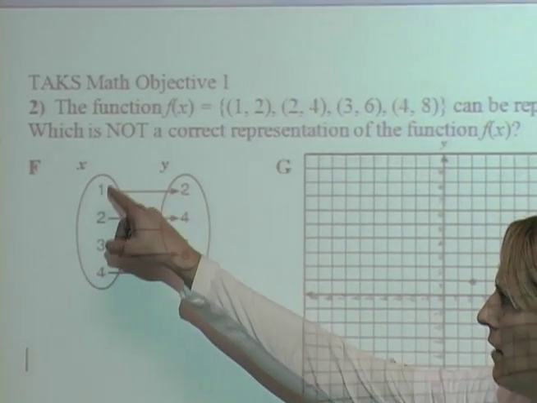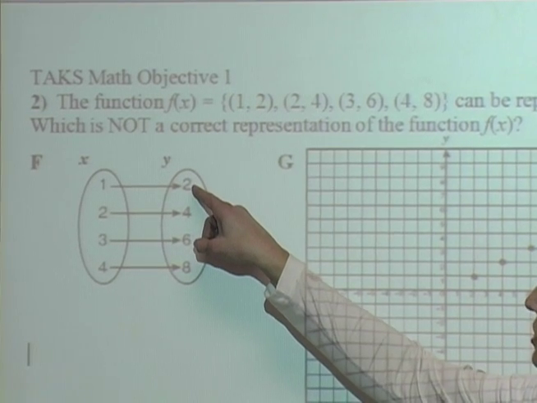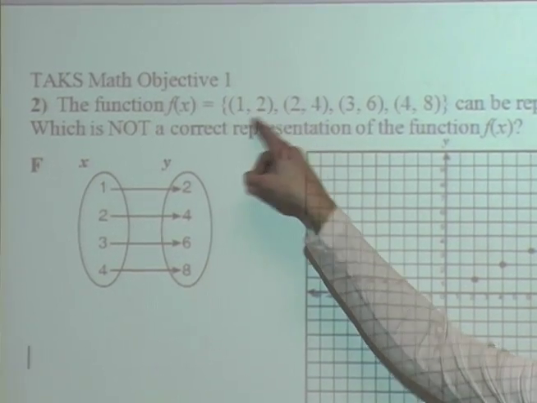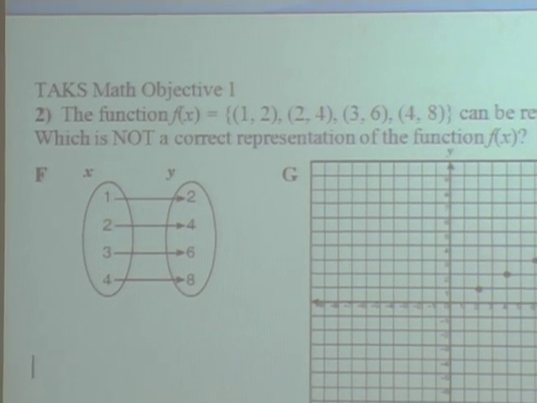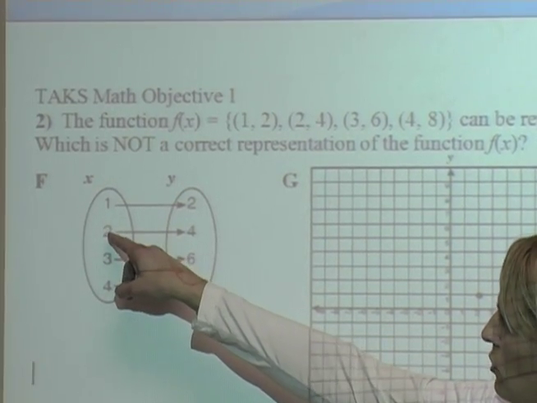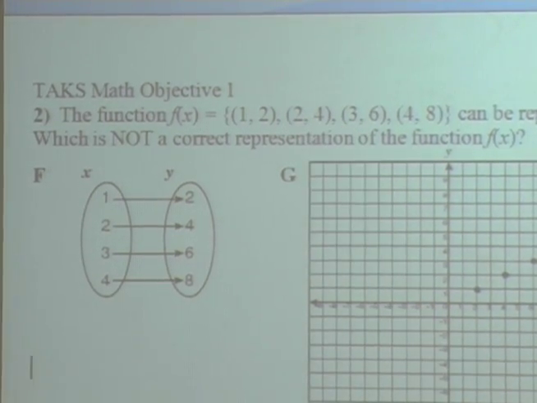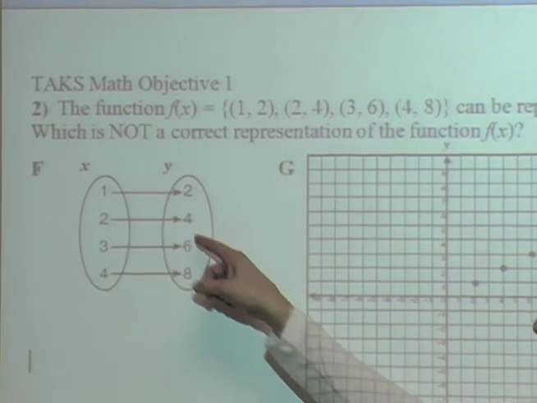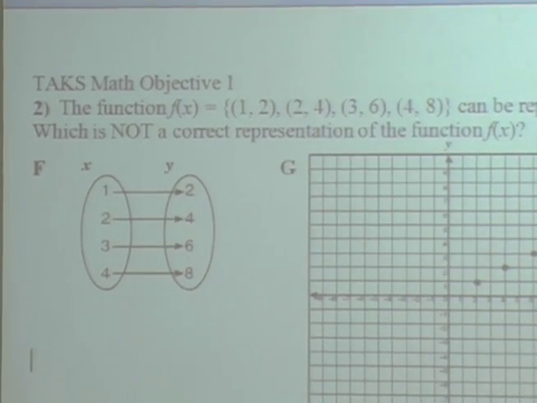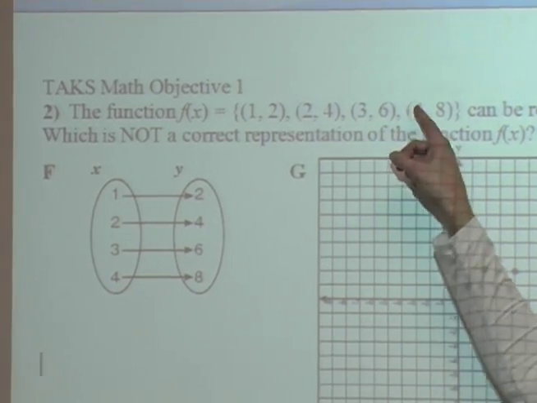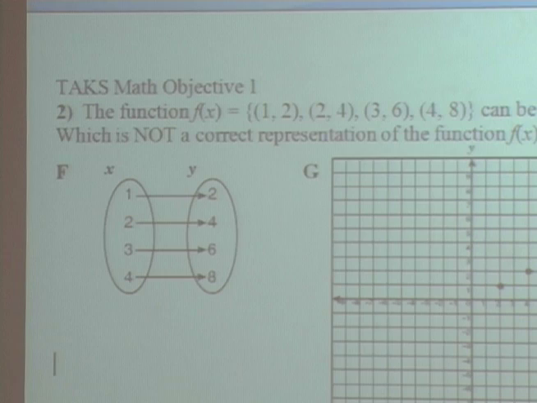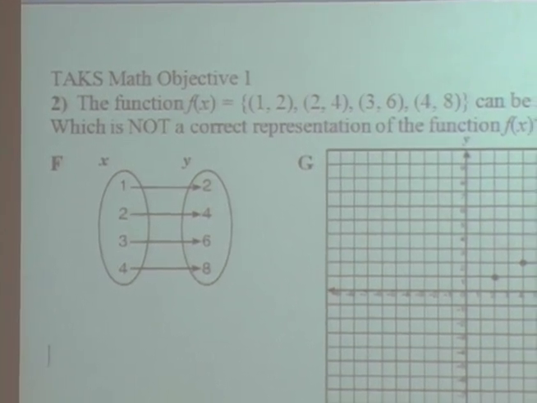So this x value of 1 needs to be paired with the y value 2, and as I look above, that is true. When I look at x value 2, it should be paired with the y value 4, and it is. 3 is paired with 6, and 4 is paired with 8. So F is a correct representation of the following function.